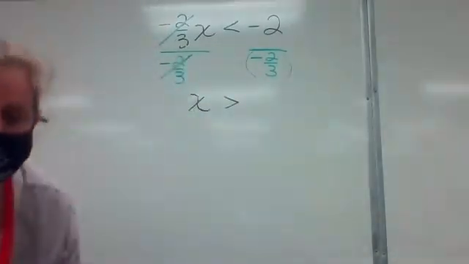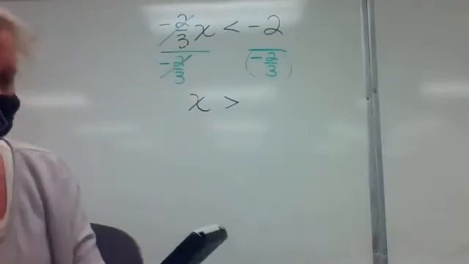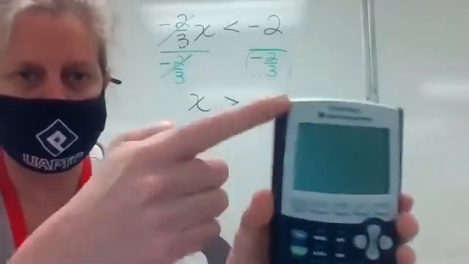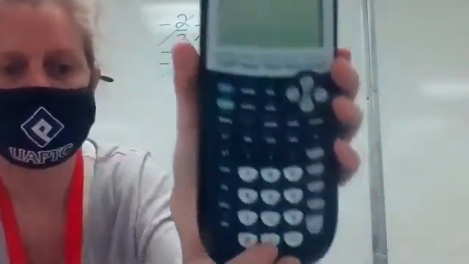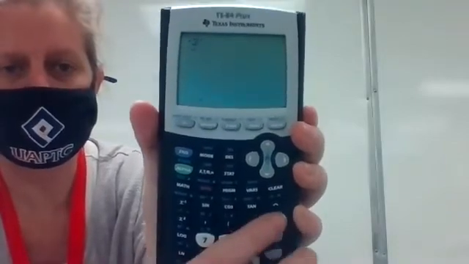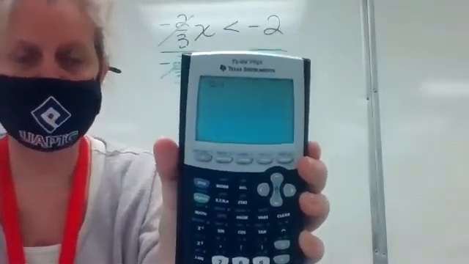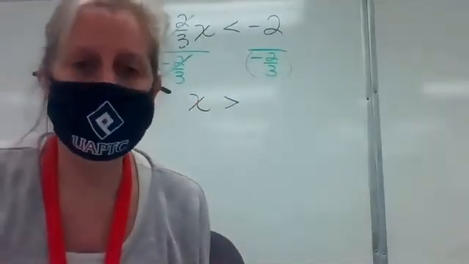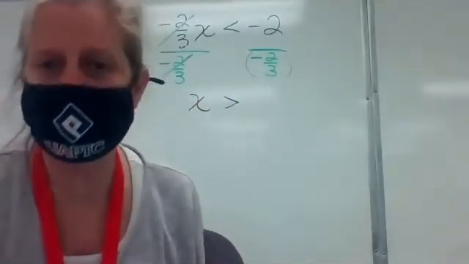So let's type this in exactly like we see it. On top, I'll need that negative 2. So negative 2. And then you're divided by. Now, this is where I want to tell the calculator, I don't want to divide by negative 2 and then by 3.